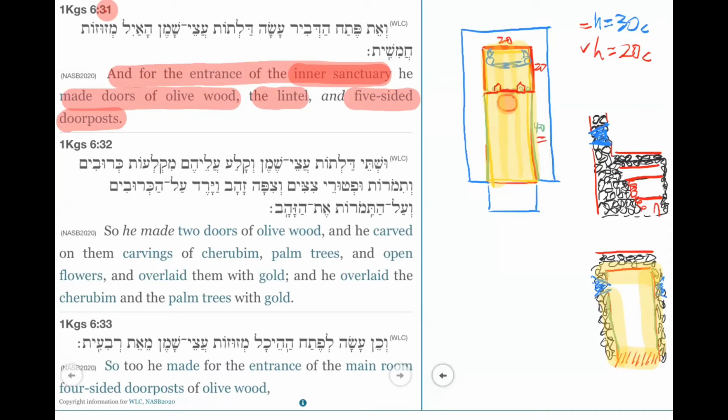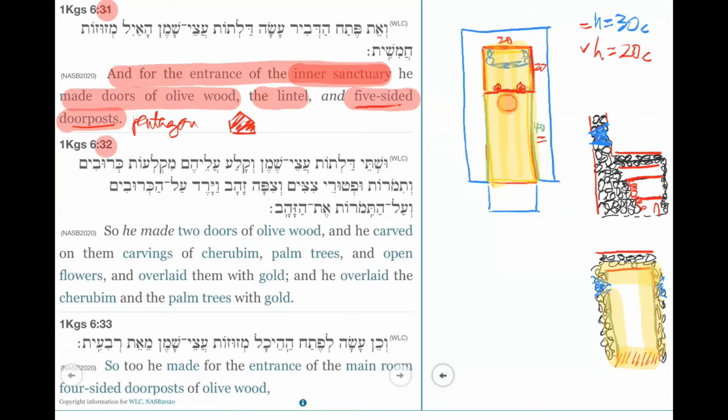A pentagon doorpost, five-sided. This is a pentagon. So my artist impression would be like this: 3, 4, 5. It is not square, it is not round, but it is in a pentagon formation. This is the doorposts.